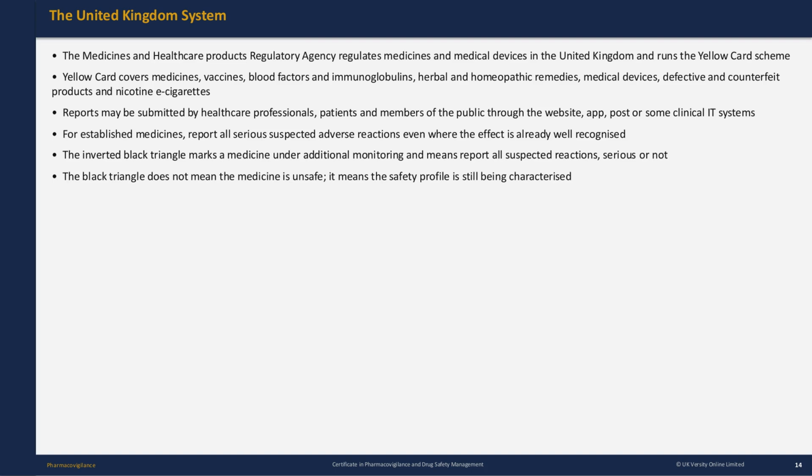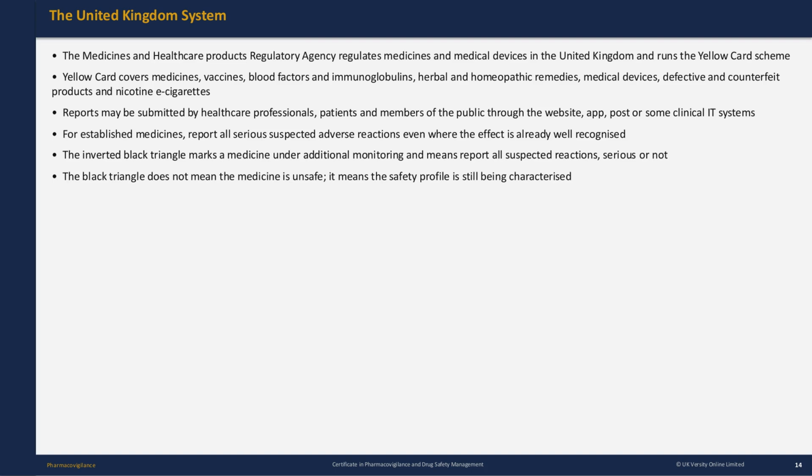The United Kingdom system. The Medicines and Healthcare Products Regulatory Agency regulates medicines and medical devices in the United Kingdom and runs the Yellow Card scheme. Yellow Card covers medicines, vaccines, blood factors, and immunoglobulins, herbal and homeopathic remedies, medical devices, defective and counterfeit products, and nicotine e-cigarettes.